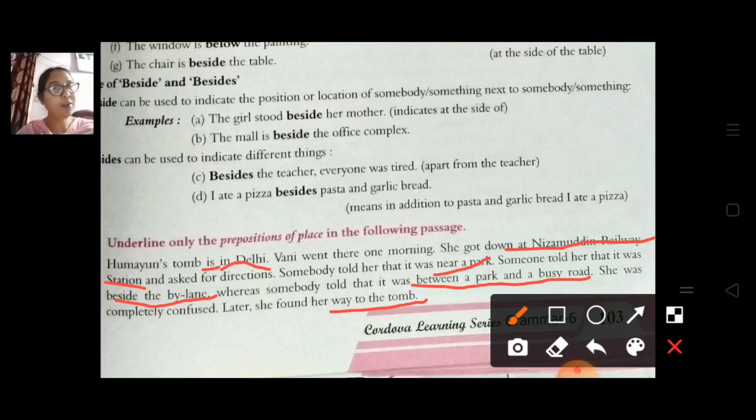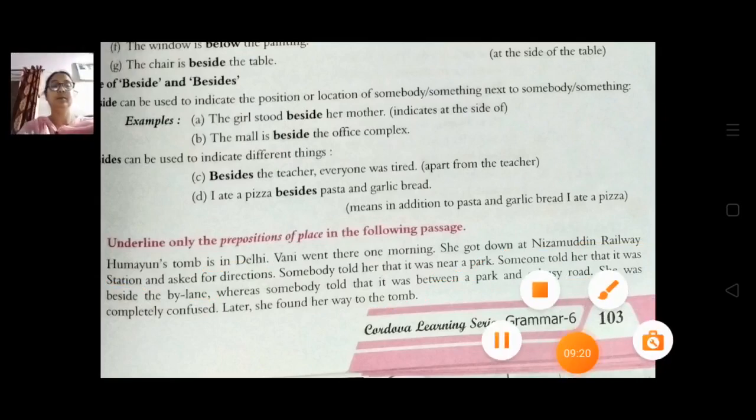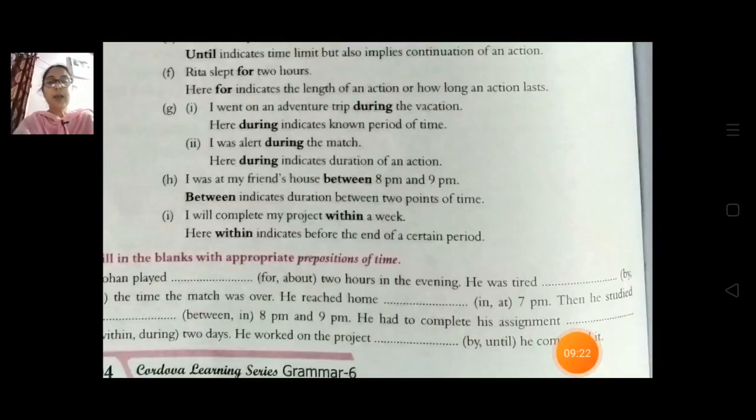Now we are moving to the next exercise, that is exercise number D, on page 104 in your Mastering Grammar book.